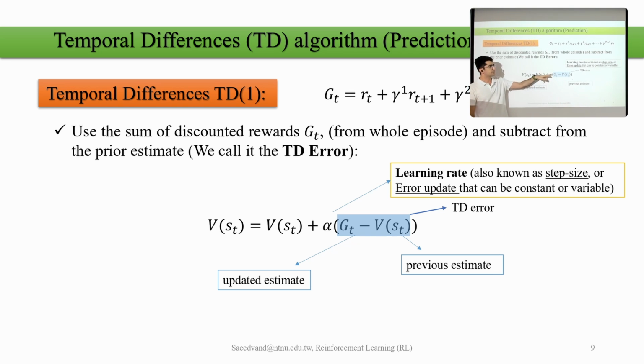The value of alpha is usually between 0 and 1. The bigger it is, the bigger the step size of updating the value of the state t, so our algorithm will learn and update the values with bigger steps, moving toward the optimal value that we have.